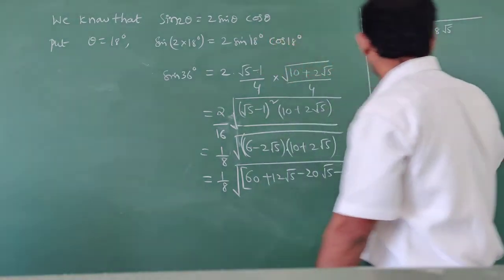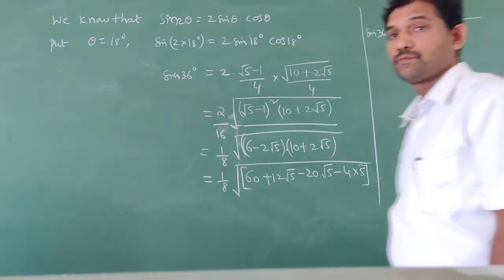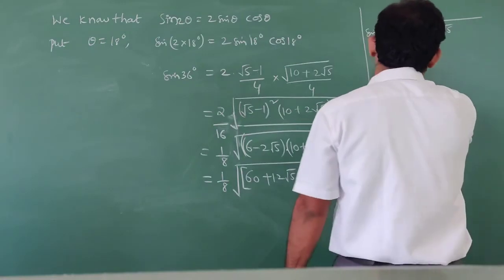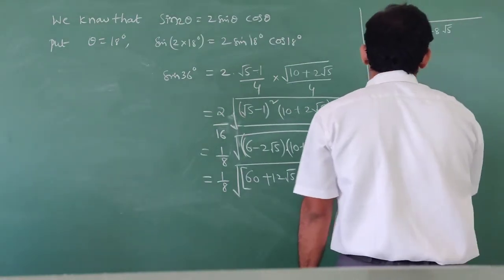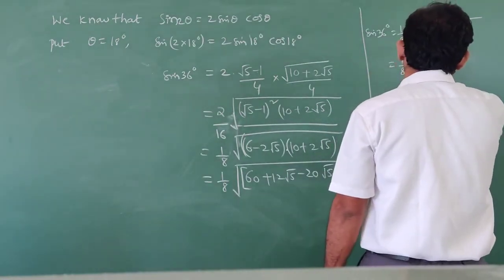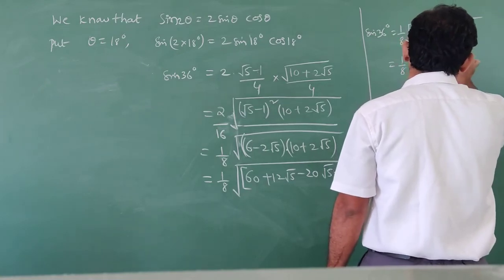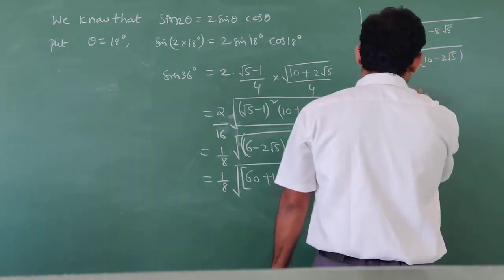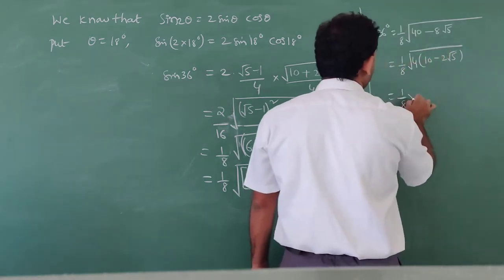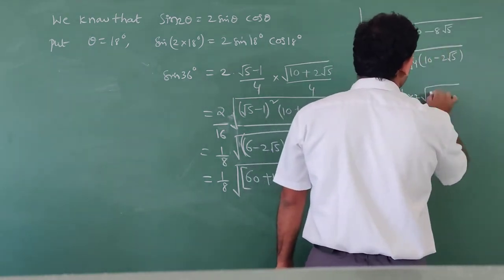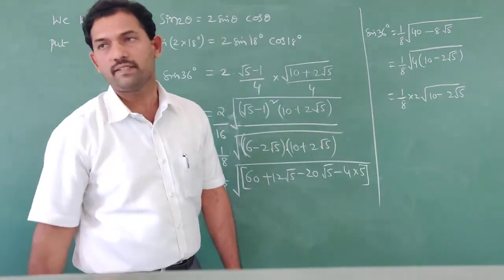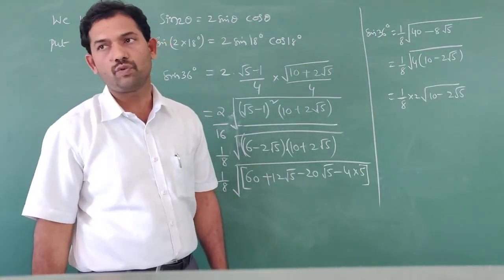2 and 4, we can take 4 common, right? What happens? 1 by 8. So 4 is common, which means 10 minus 2 root 5 under root. So 1 by 8 root 4 means 2, root over 10 minus 2 root 5. Root 4 means 2.